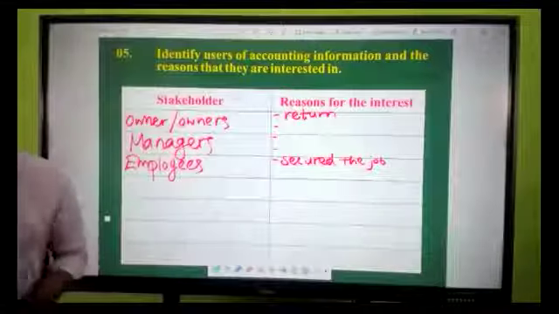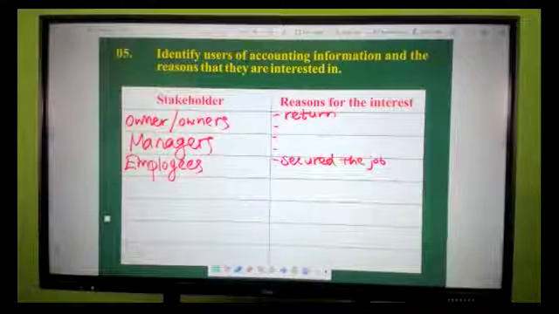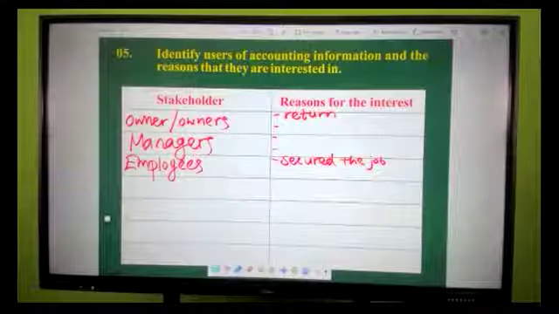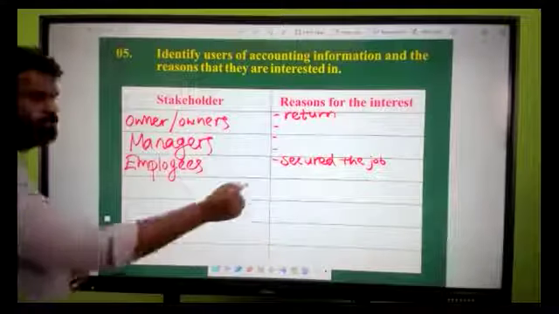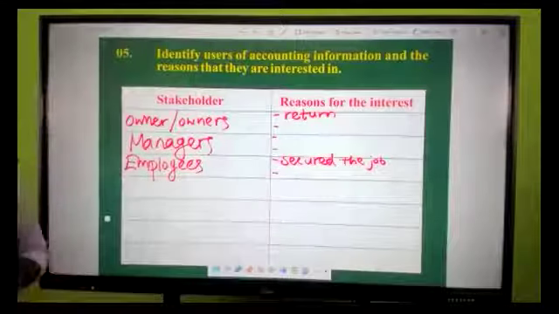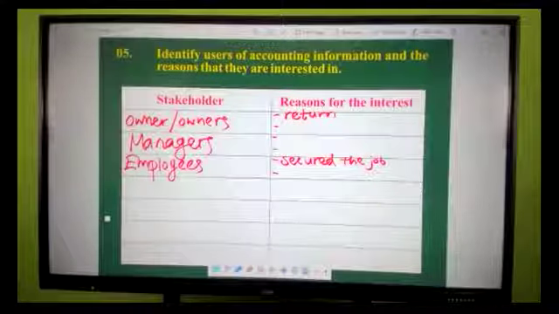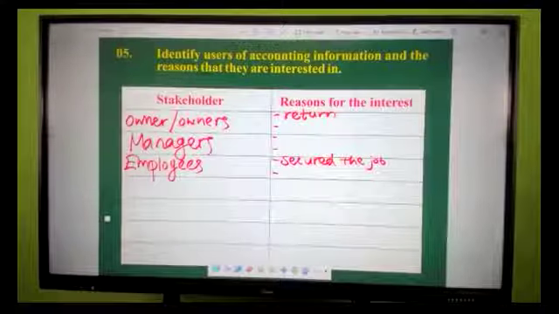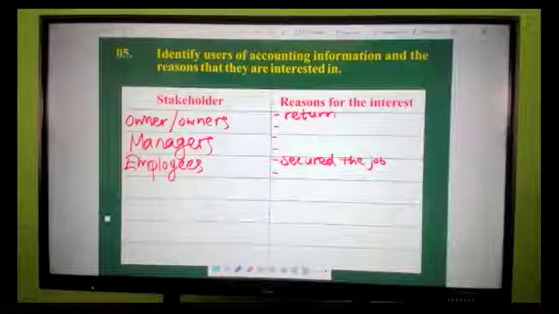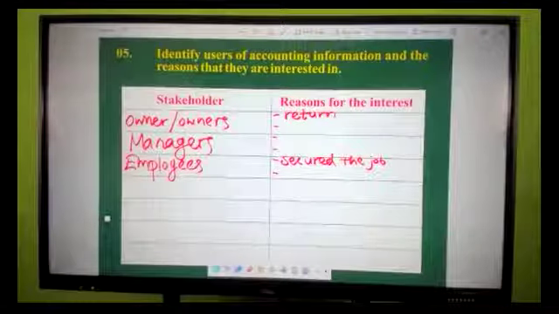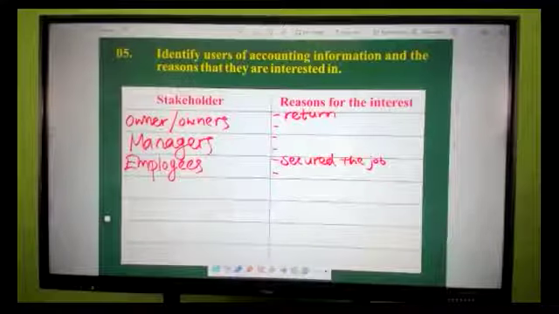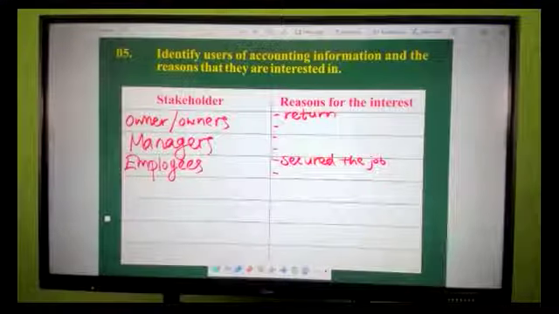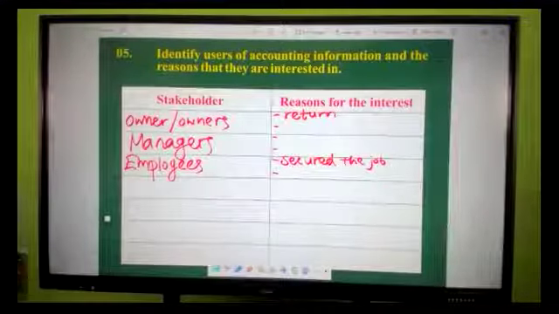Number 2, to know the ability of salary increments.